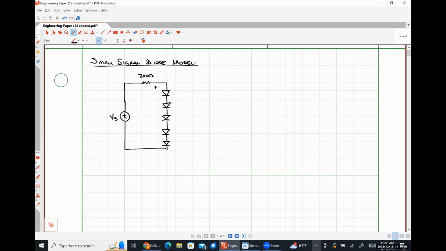I'm going to define the voltage drop across a single one of these diodes as VD, and because all of our diodes are identical, they'll all have that same voltage drop VD across them. The current flowing down through this leg of the circuit is going to be ID, and for now, we are going to consider our output voltage to be an open circuited voltage like so.